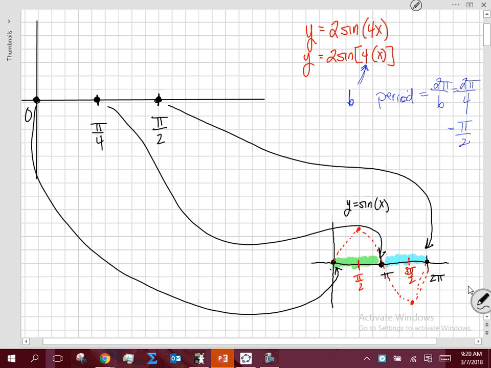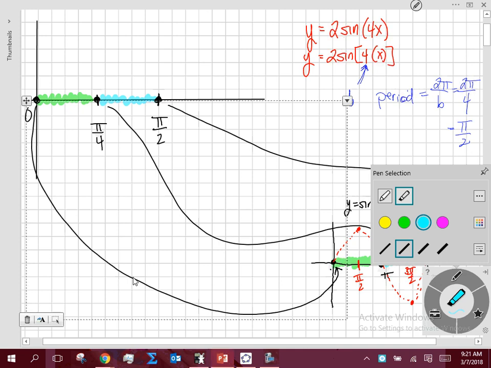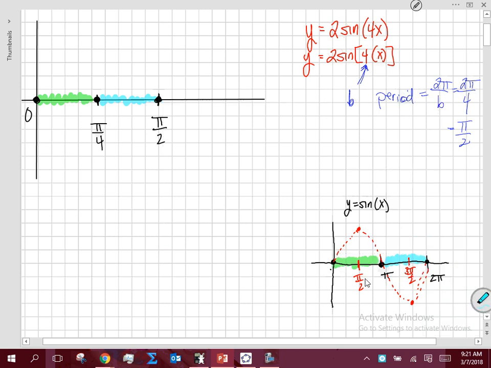Okay. Now, what does that do for us on our graph? It creates 2 intervals. It creates that interval there and that interval there, right? Okay.